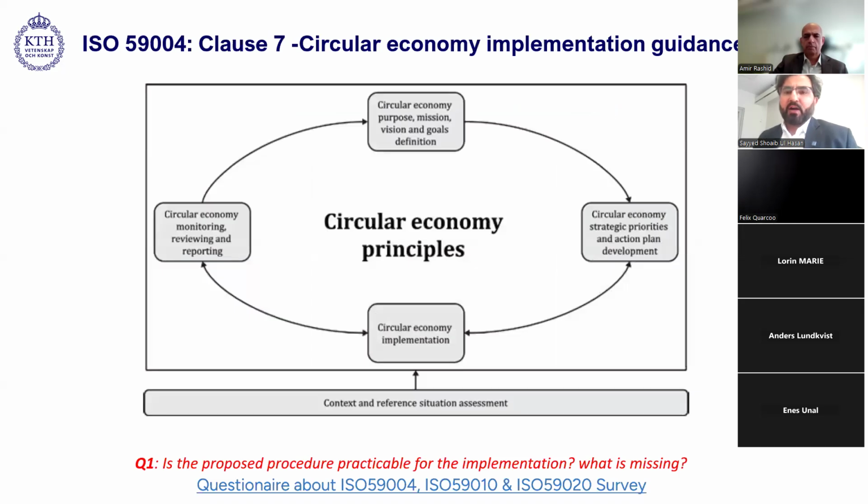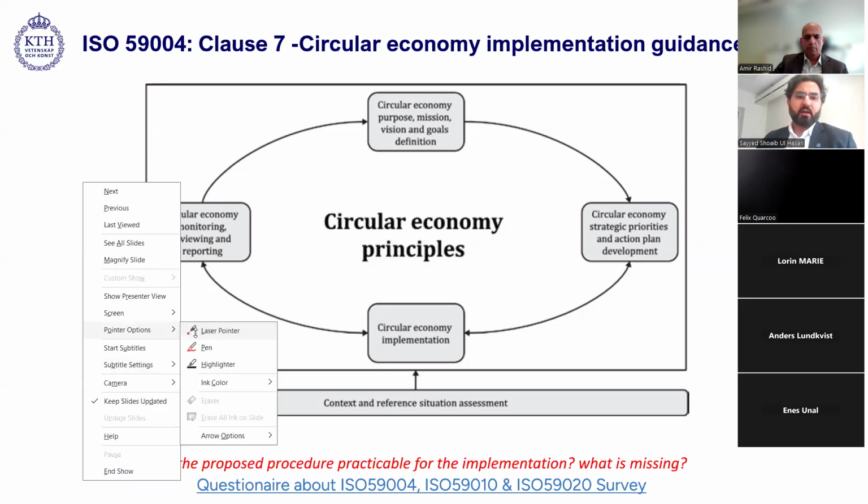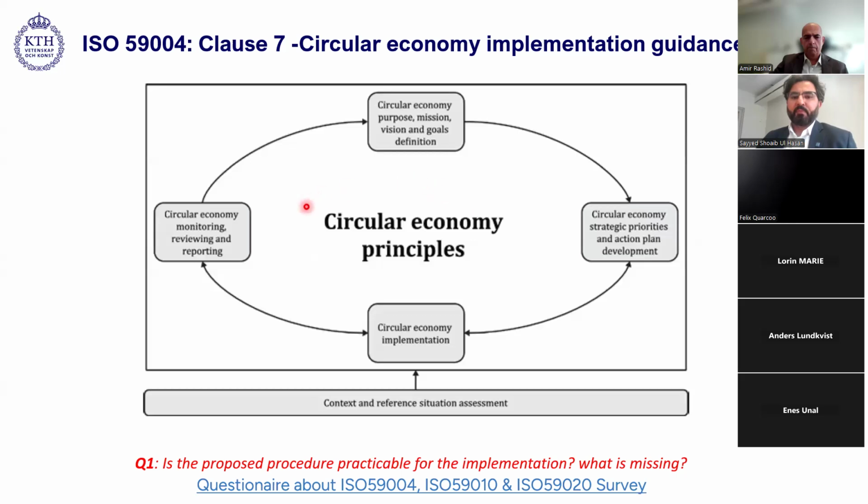Before going to 59010, this is a framework picture taken from 59004, the first standard, which provides definitions and general guidance for implementation. The general guidance is provided in clause 7, which is about circular economy implementation. In that general guidance, the standard says that you should start with incorporating circular economy principles. As you can see in the center here, they are the starting point.